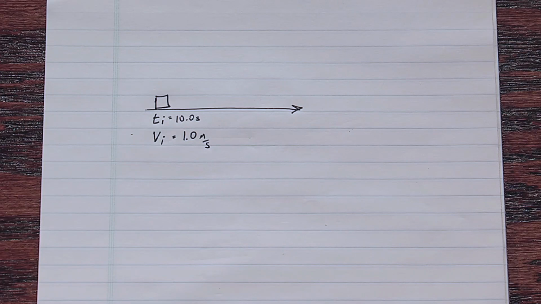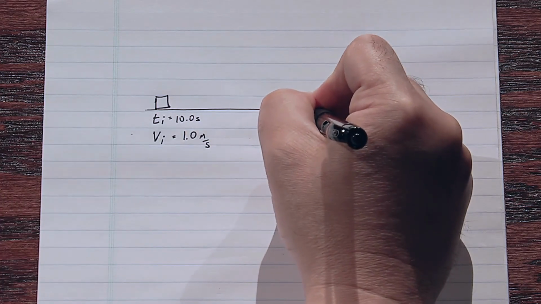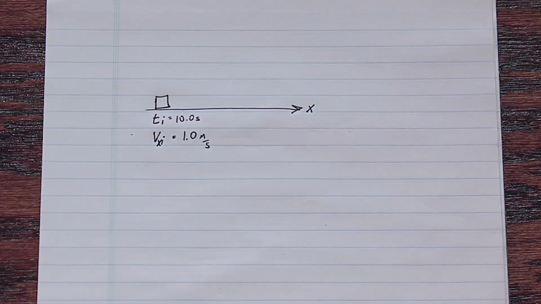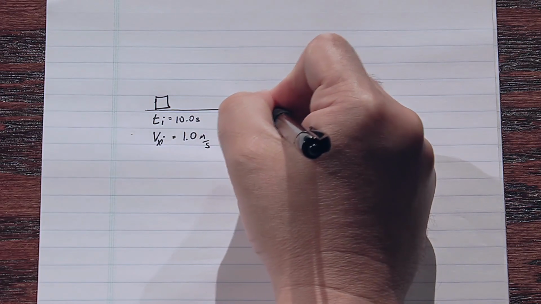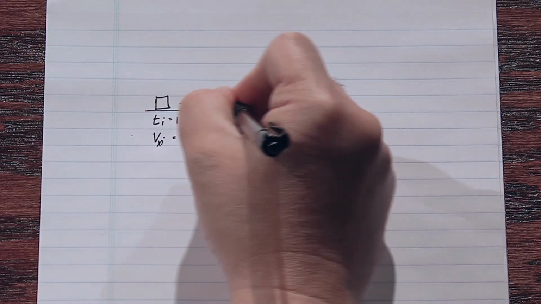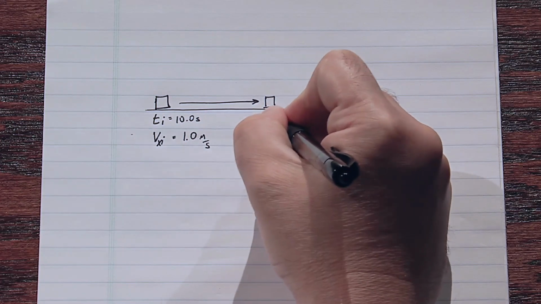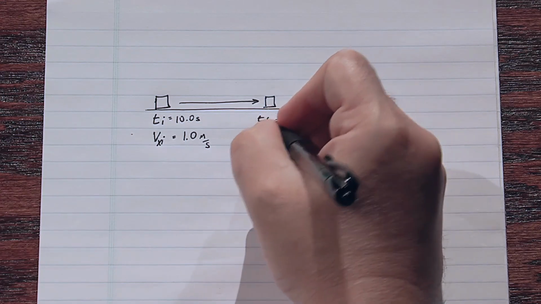And we're going to say that the car is moving in the x direction, so we'll make that our x-axis. And we'll call that Vx initial is 1.0 meters per second. Finally, the car is over here somewhere. It's moved over there. We know that t final is 12.0 seconds.